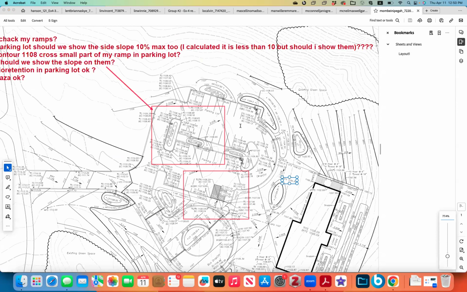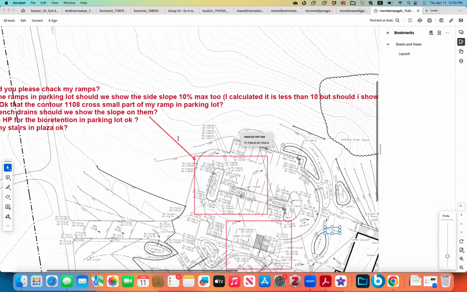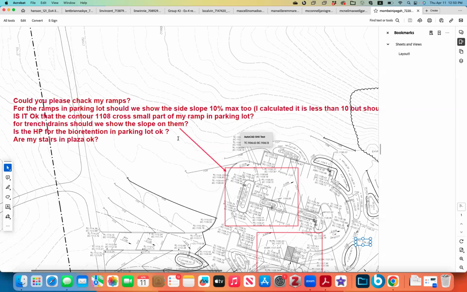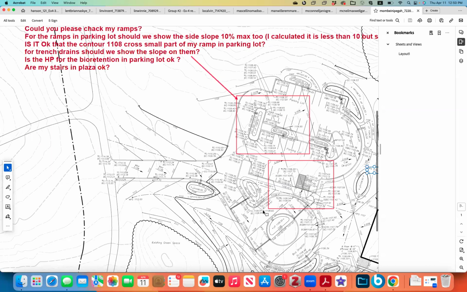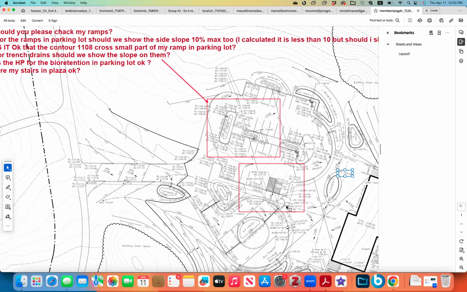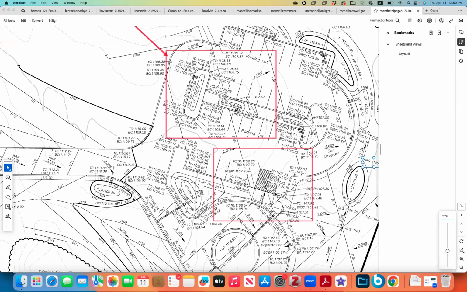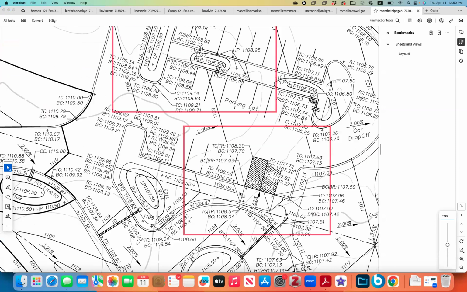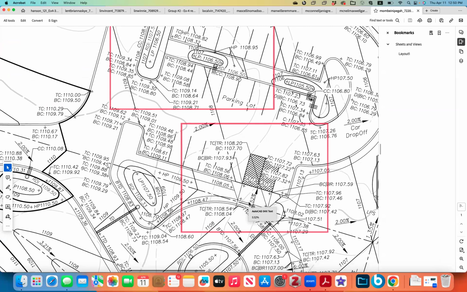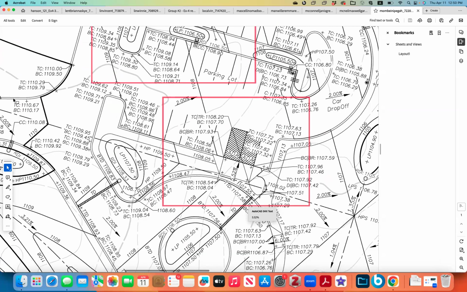So stairs in the plaza, we took a look there. Oh, 108 crossing the ramp. Where's the 108? The one that- Here? Yes. Oh, in this case, you wouldn't, because you have this wall there. Well, there would be a little bit portion of the 108 there. So if this is the case where I have the ADA kind of come down here, let's see, I only need that much, right?